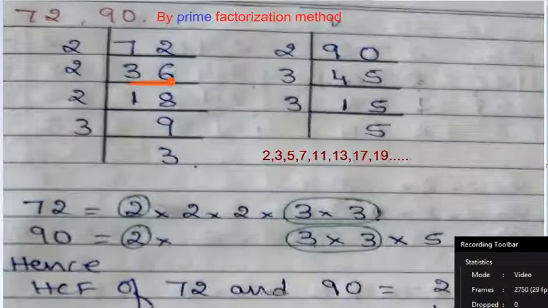Now 36 is a composite number. Again, further we will express this 36 as a product of primes. It is divisible by the first prime, that is 2. We took 2. 2 how many times we need to find.